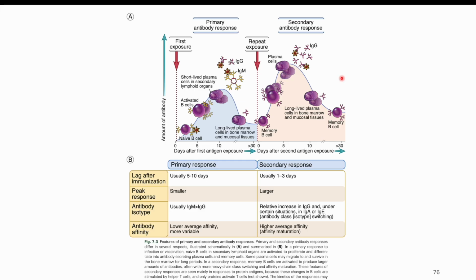Now we have studied helper T cells, how they help B cells and all that. So now you have to bring your concepts to a single point; whatever you have studied, you should culminate at one point when I am saying activation of B cell. Whatever we have studied for the activation of B cell will happen once the secondary response is happening.